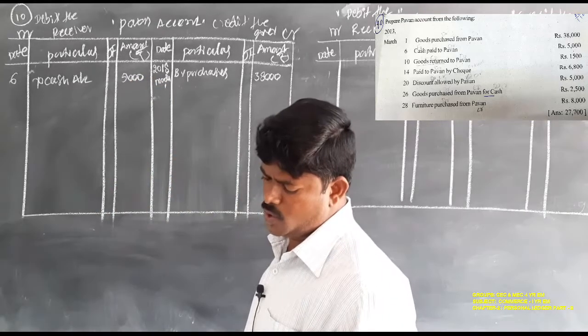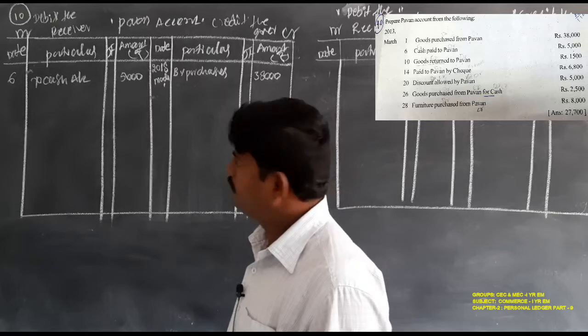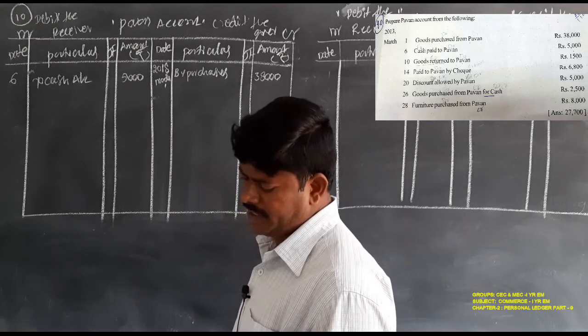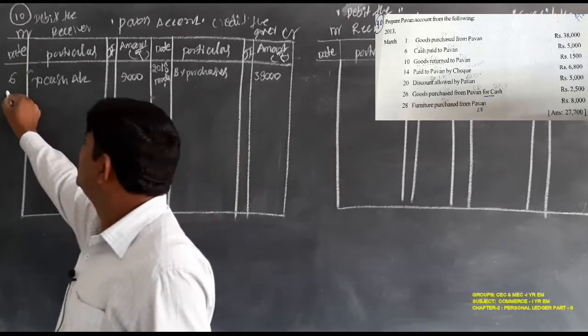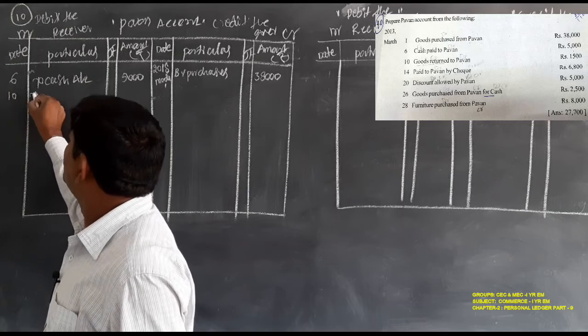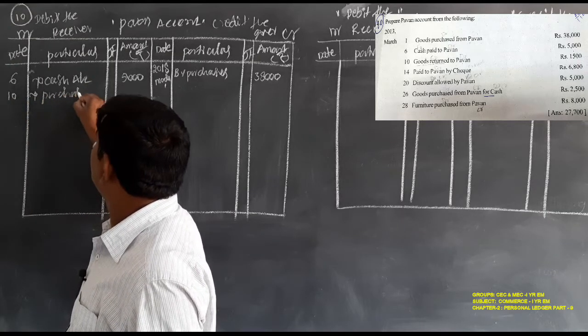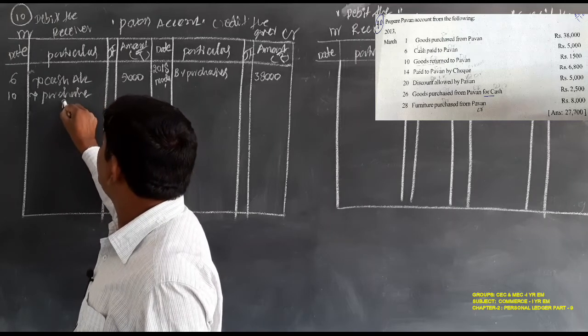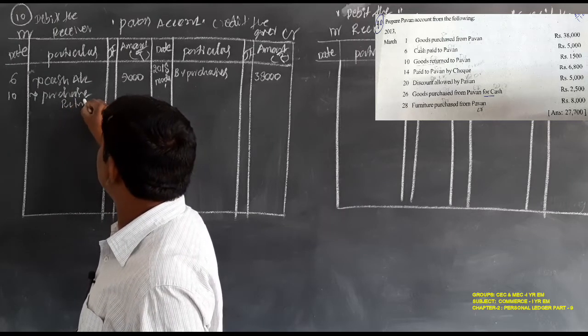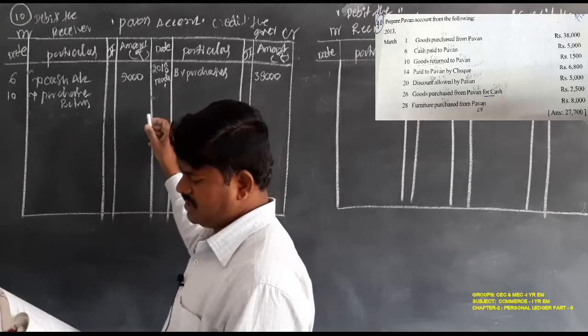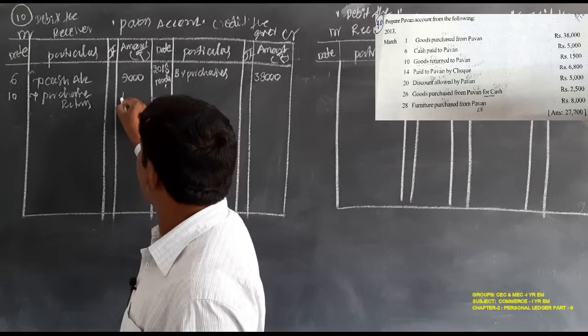Next, goods returned to Pavan. Here also receiver, the other one is purchase returns. Purchase returns. Amount is 1,500 rupees.